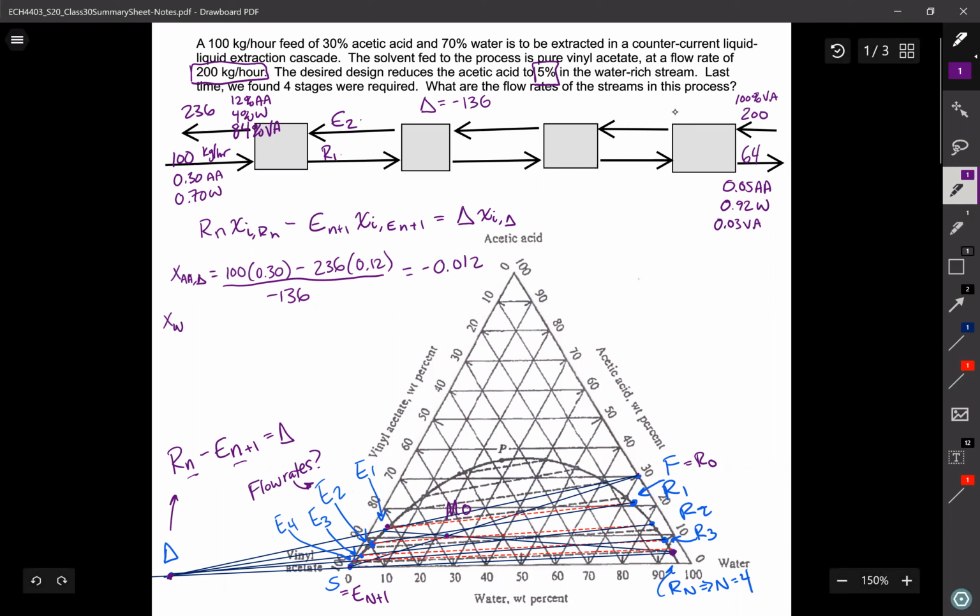Let's try water at the delta point. So it's 100 times 0.70 minus 236 times 0.04, all divided by minus 136. Another calculation.